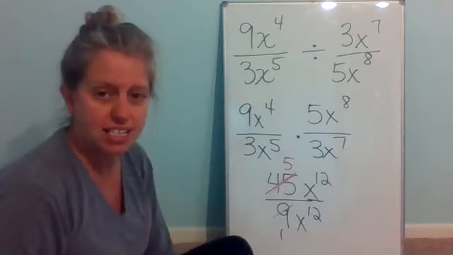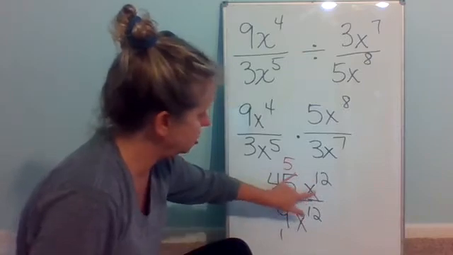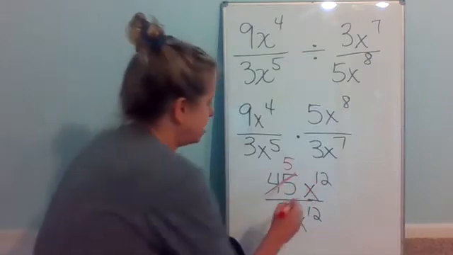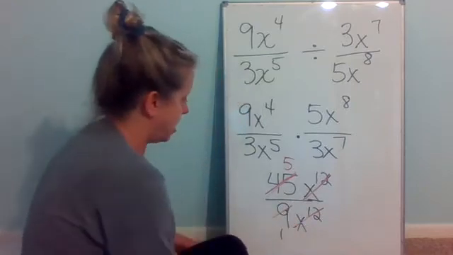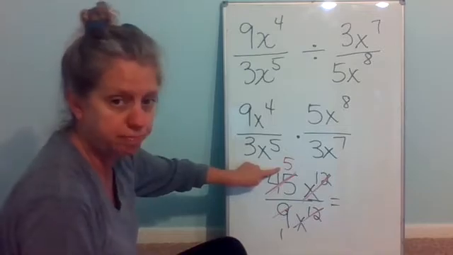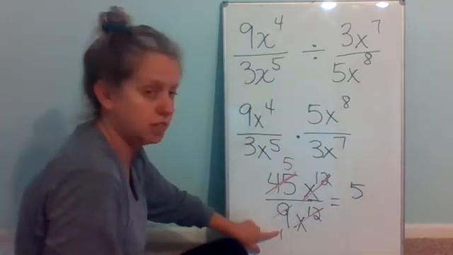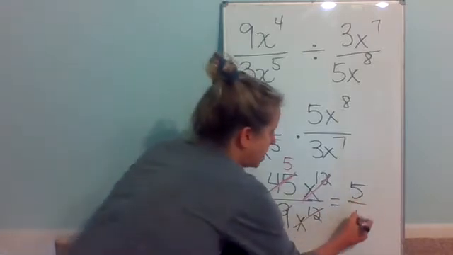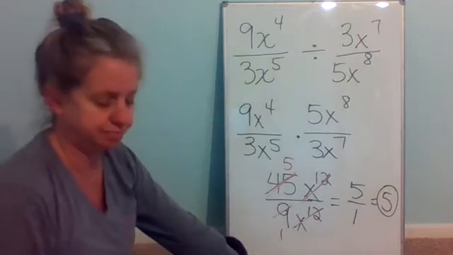What happens to your x's? What do you get when you subtract these exponents? You get 0, which means your x's completely cancel or turn into 1s. So what's the only thing that is left in the top? This 5. What's left in the bottom? You do have 1, but what is 5 over 1? It is just simply 5.